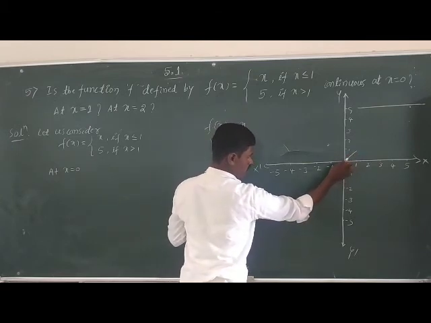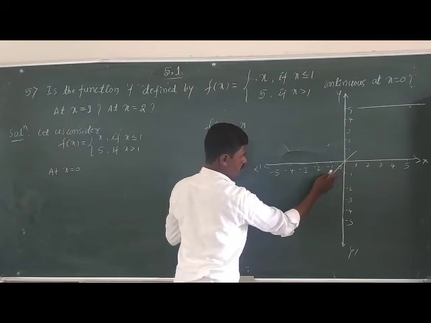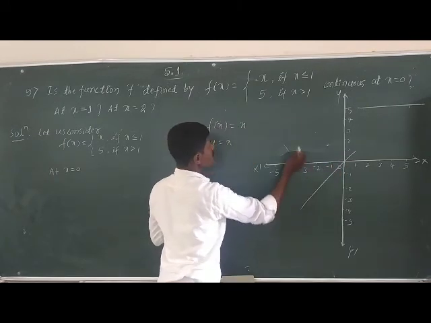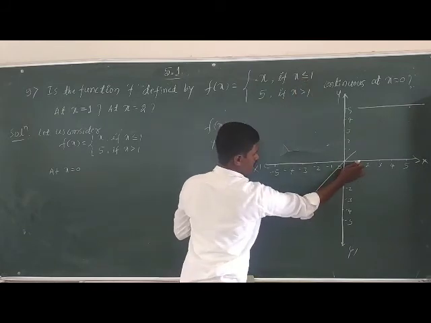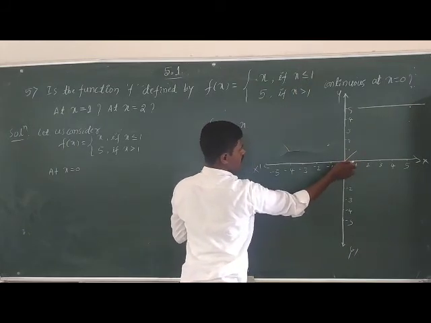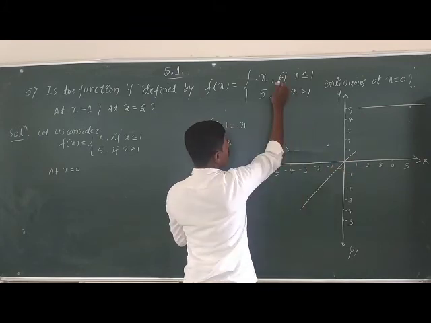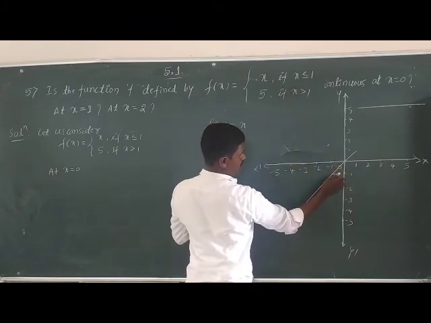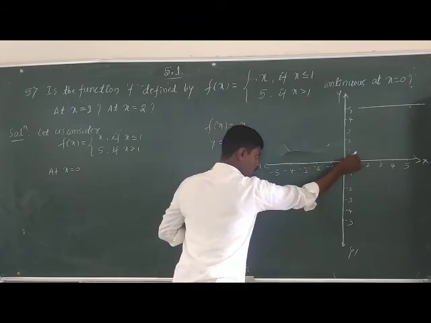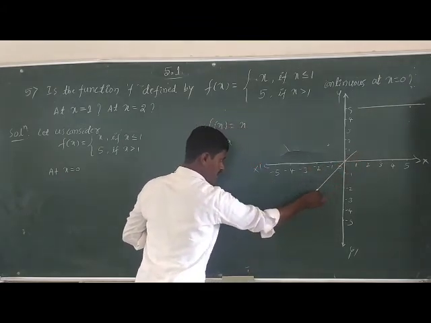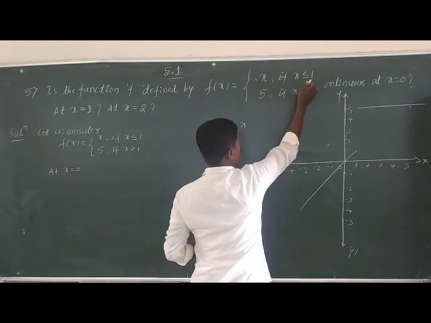For 0, you get 0. For minus 1, you get y equals minus 1. For minus 2, you get minus 2. Similarly, the graph of the function is like this when x is less than or equal to 1.